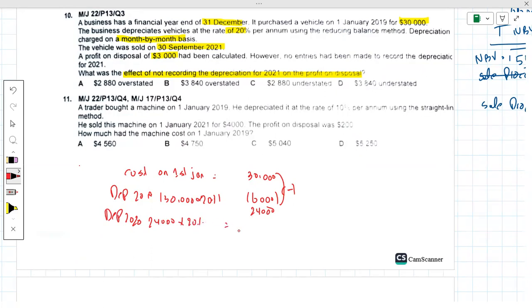So it would give us the depreciation, which is $4,800. So we have the net book value, which is 19,200.